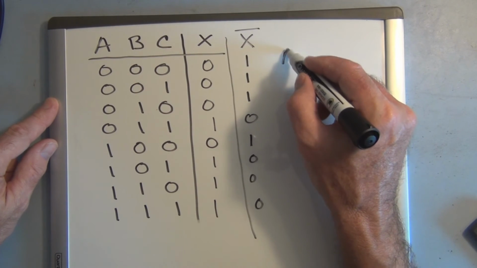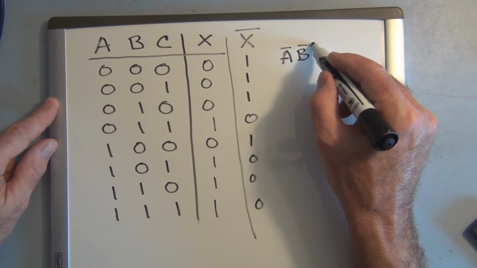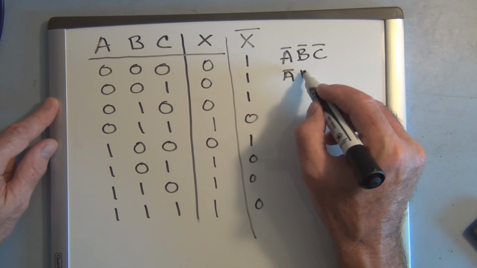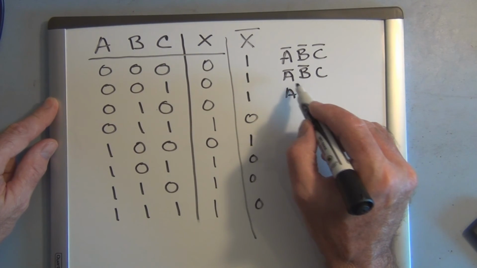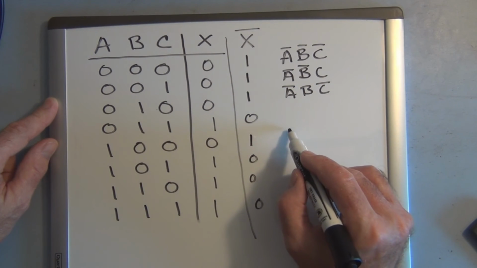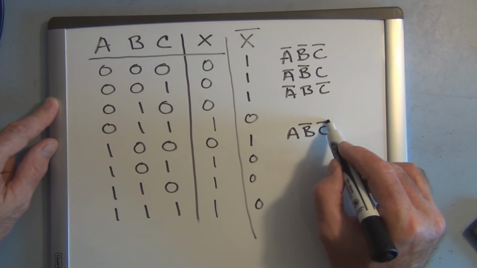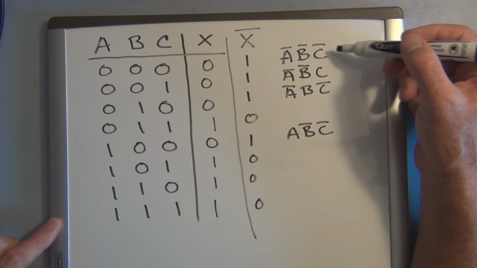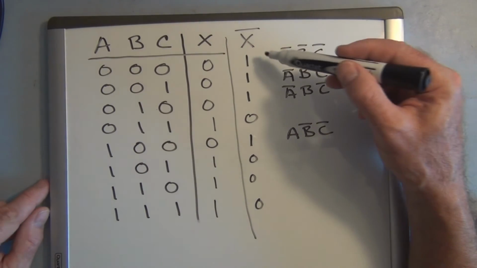So here this is A naught, B naught, C naught, and here we have A naught, B naught, C. Here we have A naught, B, C naught. Here we have A, B naught, C naught. And those are the 4 AND terms for X naught.